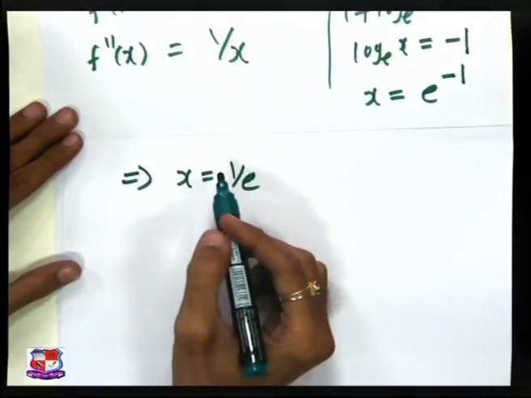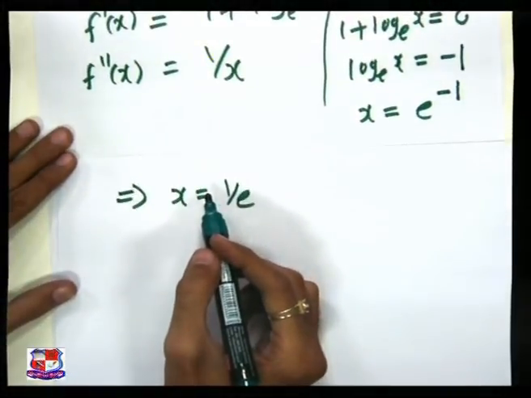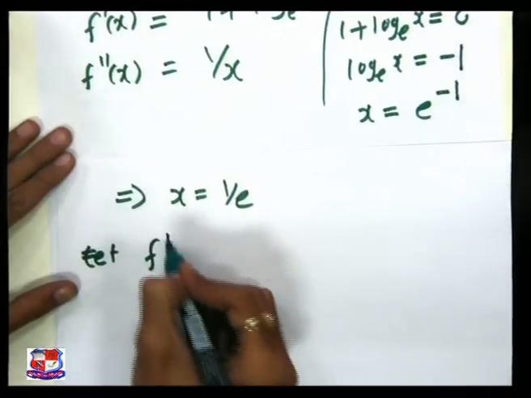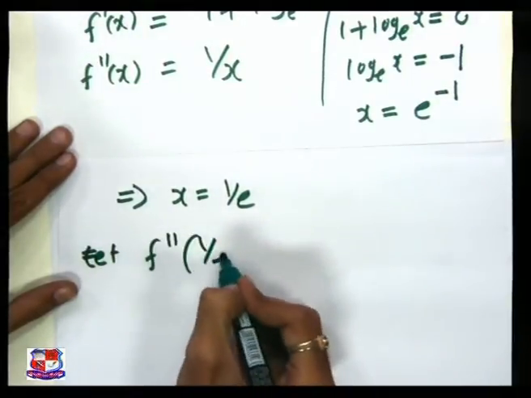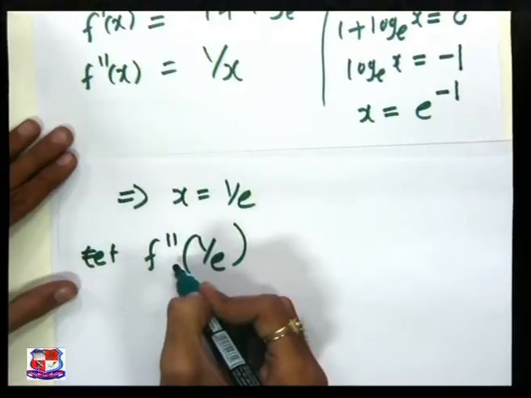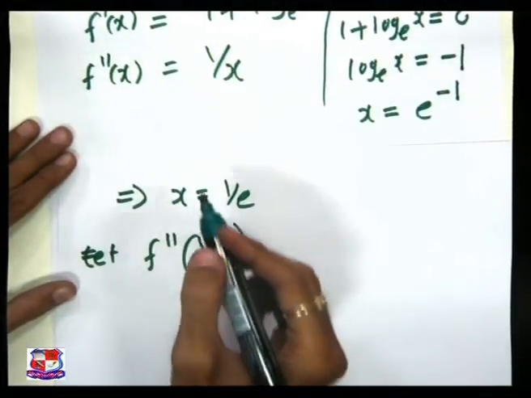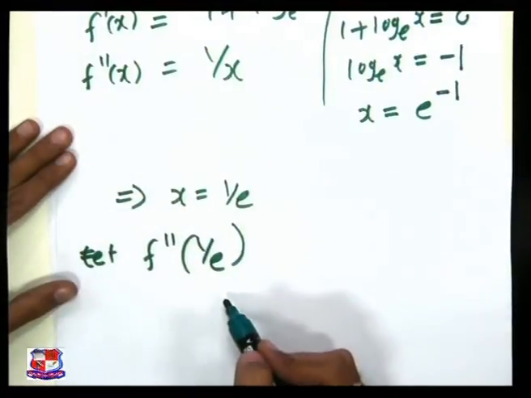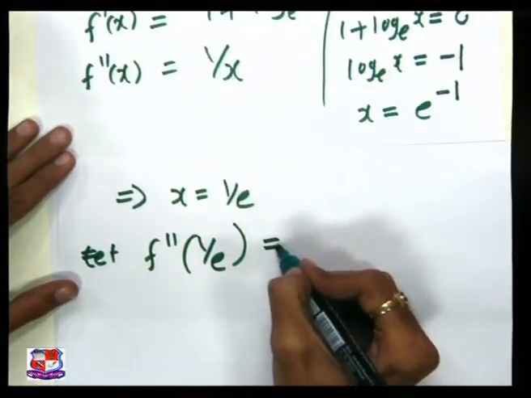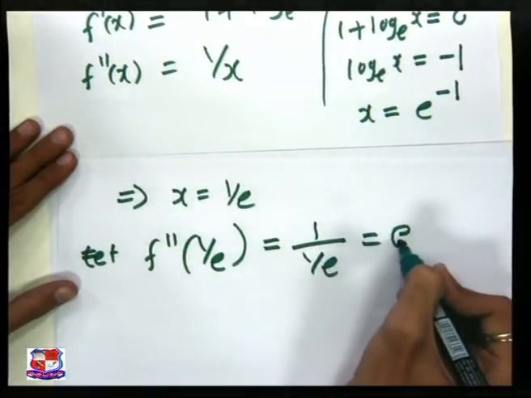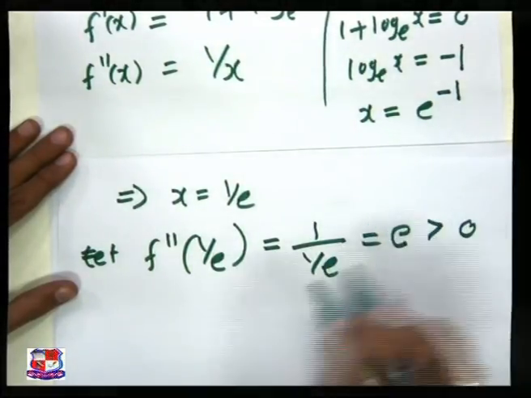So now we will check the condition for the maximum or minimum. We will find f double dash 1 upon e. F double dash x is equal to 1 by x, so f double dash 1 upon e is equal to 1 upon 1 upon e, that is equal to e, and e is strictly greater than 0, right?